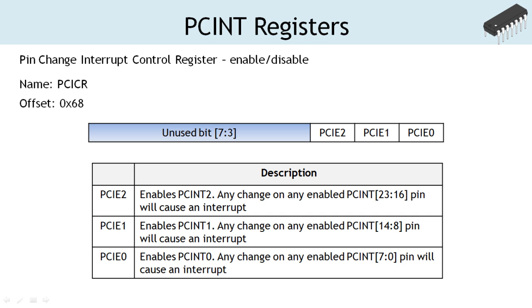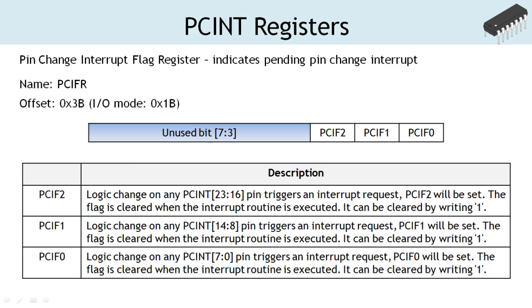The pin change interrupt flag register is used by the microcontroller to remember the occurrence of the interrupt. Bit 0, that is PCIF0, is used to remember when any of the interrupts occur in pin change interrupt group 0. Similarly, bit 1, that is PCIF1, and bit 2, that is PCIF2, remember the occurrence of interrupts in pin change interrupt groups 1 and 2 respectively.